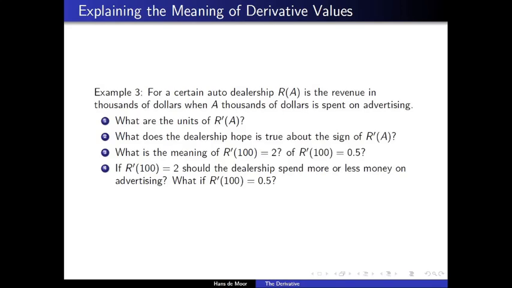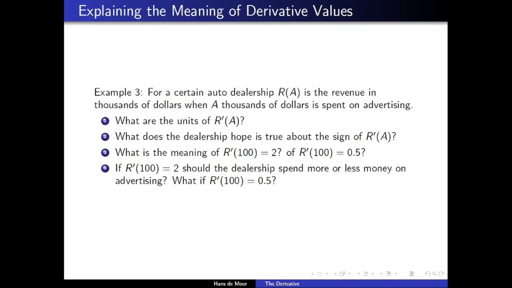Well, close, but the double, think about that a little bit more. Or you get an extra 2,000 or something. It's increasing by 2,000? Okay, so if our revenue is in thousands and we're spending thousands on advertising, the advertising is $100,000, and so the change would be 2.